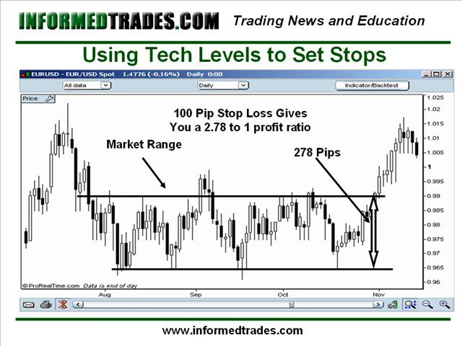Even if a stop loss was placed, say, 100 points outside the support or resistance line, the top or bottom of the range, with the range at 278 points, it still gives you a 2.78 to 1 profit ratio, which is pretty good.